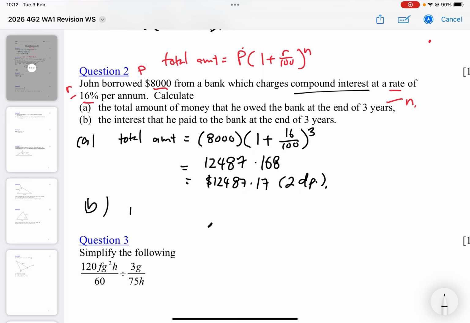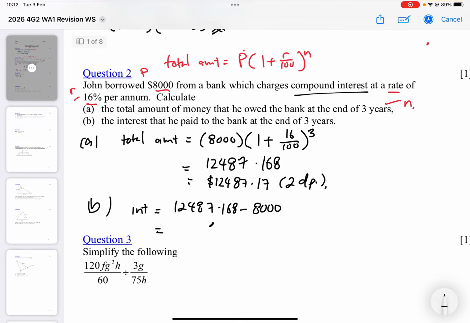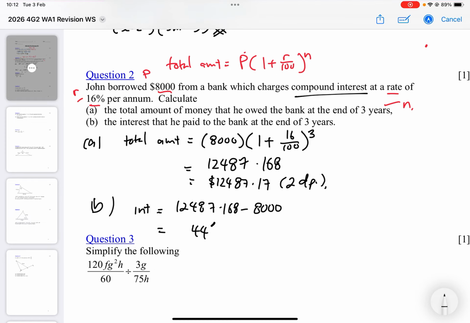Okay, so interest is equal to 12,487.168 minus the original amount that I borrow. So this difference is the amount of interest that I need to pay to the bank for being willing to lend me money.